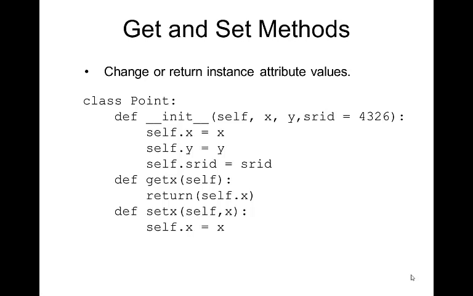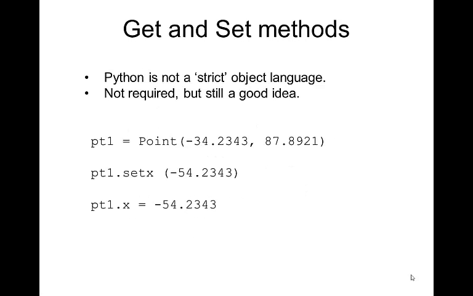So I have a method called getX on self that returns the x value of self. If I want to set the x value, I pass in an x value and I set it like that. This is not required in Python, but it's still a good idea because you're following the object approach.